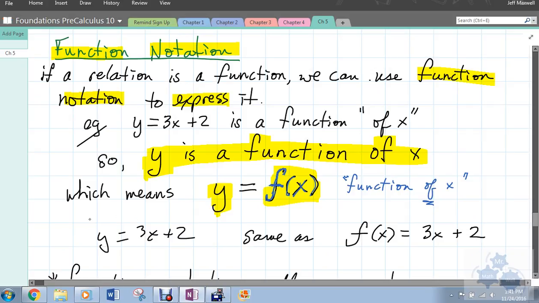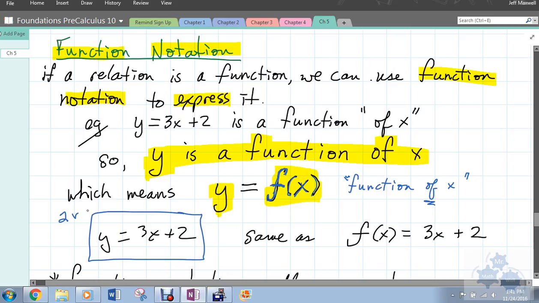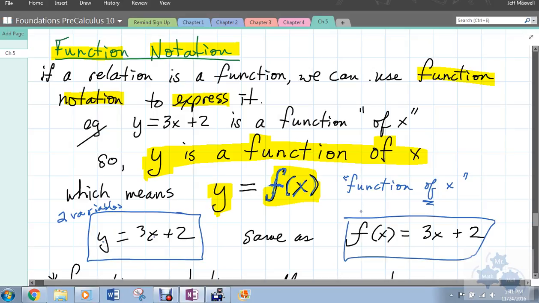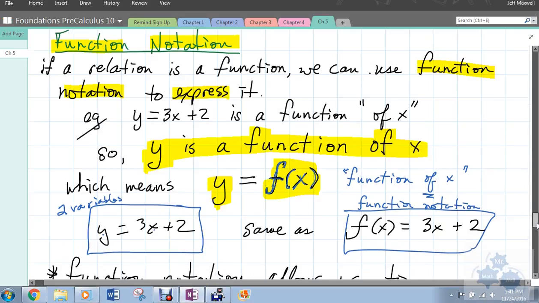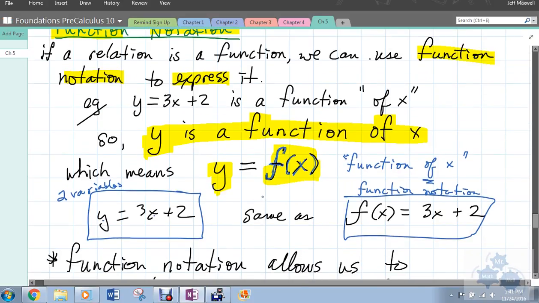So you can write it like this with 2 variables. So this is 2 variables, x and y. And this is function notation of the same thing. Okay, function notation. It's a function of x.